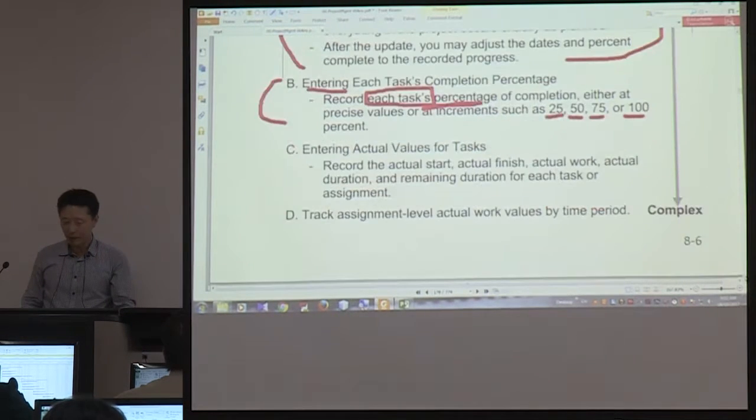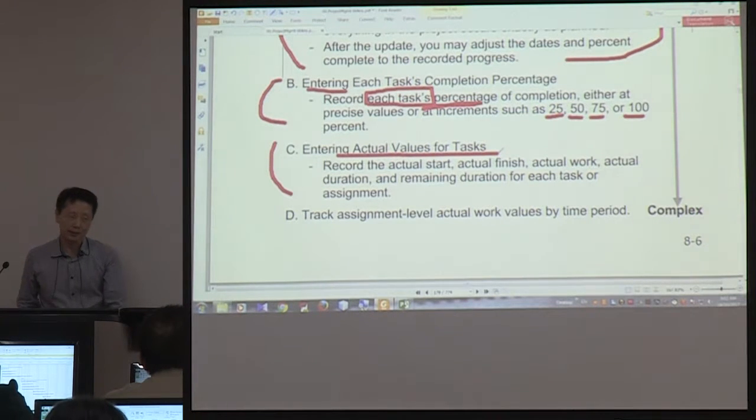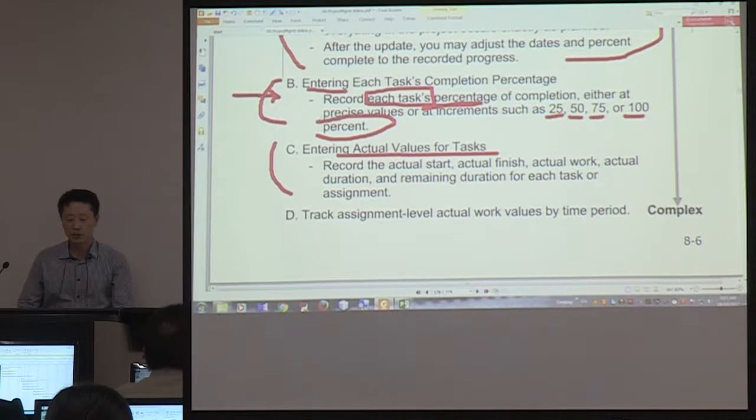And the third level is entering actual values for tasks. In the second level, you enter percentage. But at this level, you are entering the actual start date.